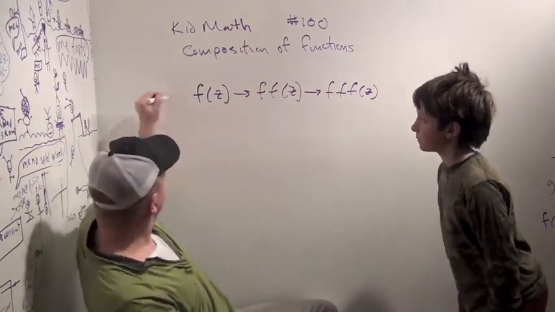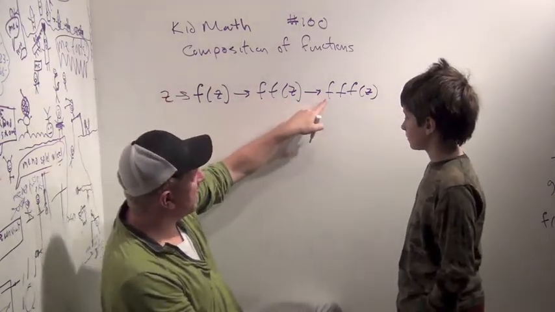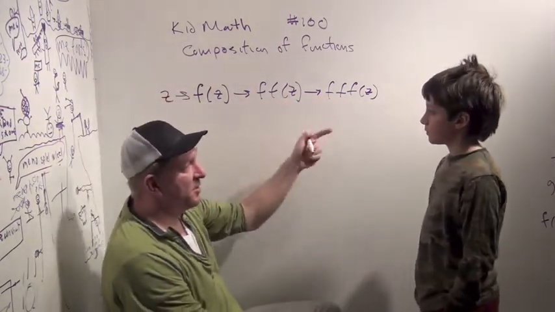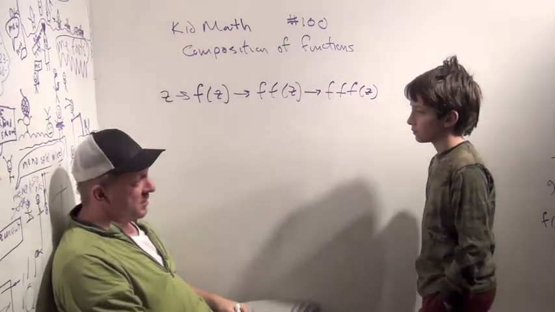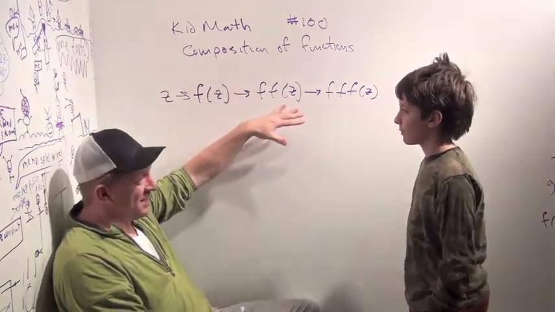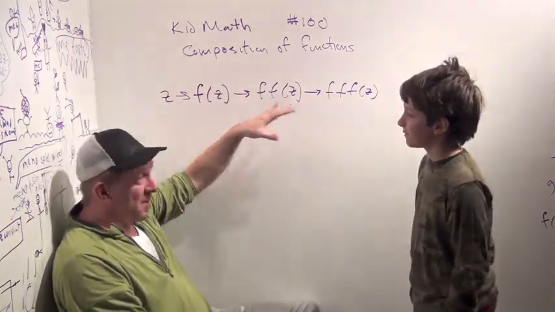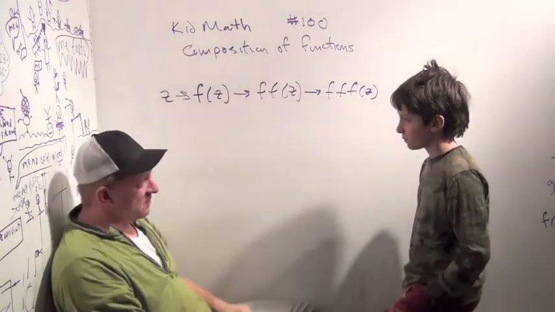Start at z, go to f of z, and iterate through, and you get this amazing picture called the Mandelbrot set. I'm skipping some details, obviously, but the Mandelbrot set is about iterating functions.